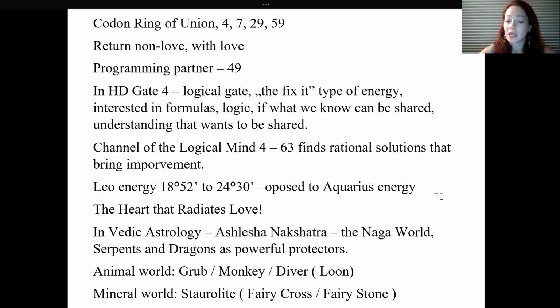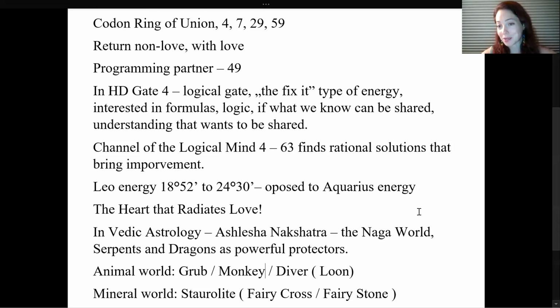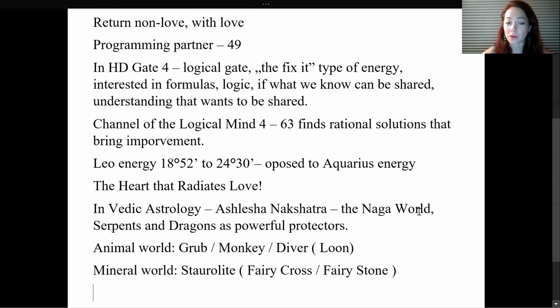If you like to work with animals, or you are attracted to the animal world, we have 3 layers here too, 3 types of animals. We have the grub, we have the monkey, and the diver or the loon. I found the monkey here very interesting. I remember some spirituality courses I went to a long time ago, and our teacher there always said that the mind is like a monkey.